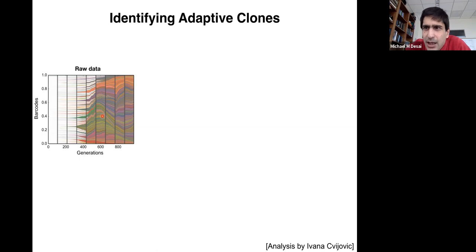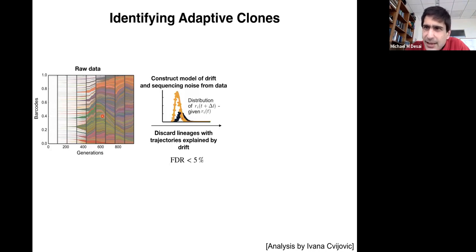Basically, the idea is that you have hundreds of thousands of barcoded lineages and sublineages competing within the population at any given time. The vast majority of that dynamics is just driven by random sampling and genetic drift. Mutations are important, but they're relatively rare, at least at the level of individual sublineages that consist of a few cells.